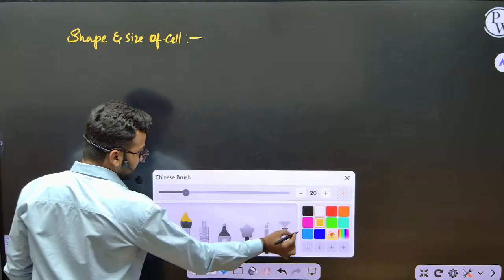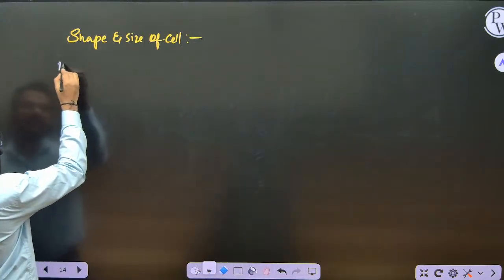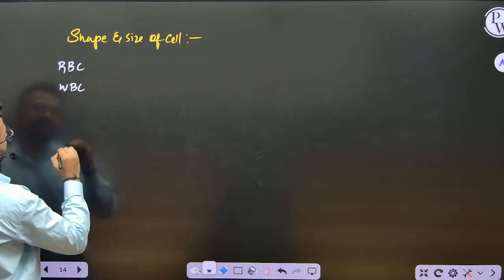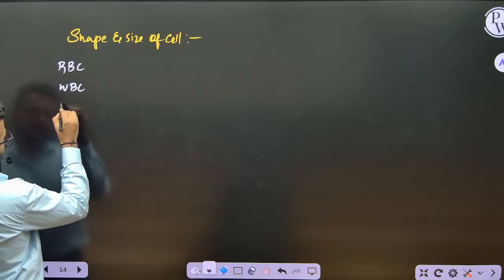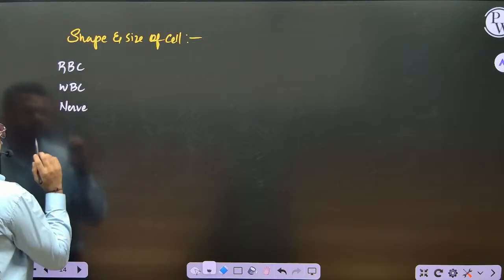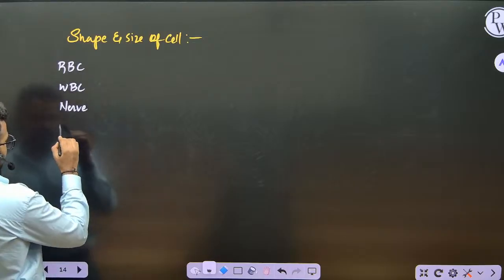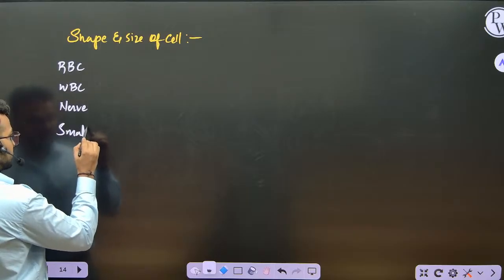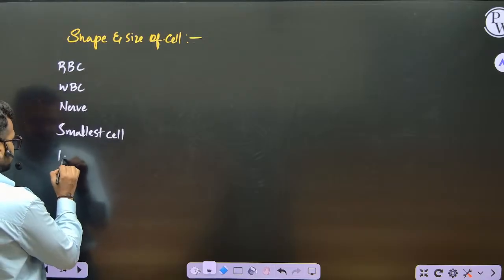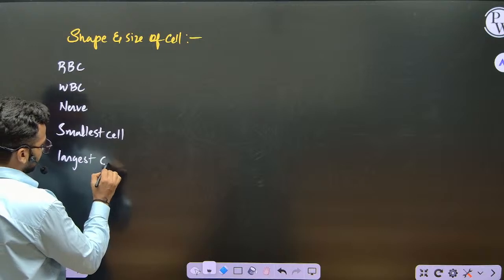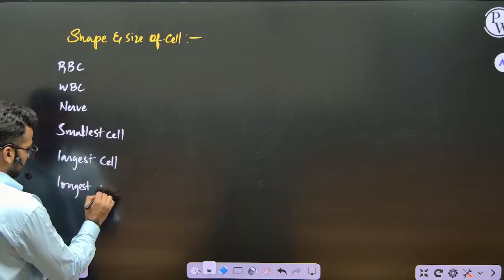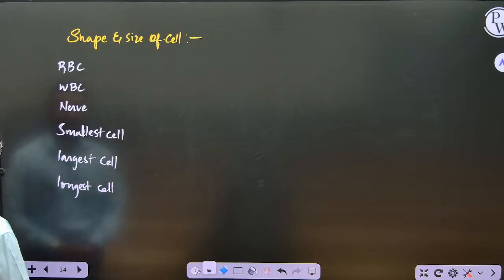Okay. So first I will take RBC cells, WBC cells, and nerve cells, or columnar epithelial cells also you can take. And for size, the smallest cell, the largest isolated cell, and the longest cell in humans or in animals.